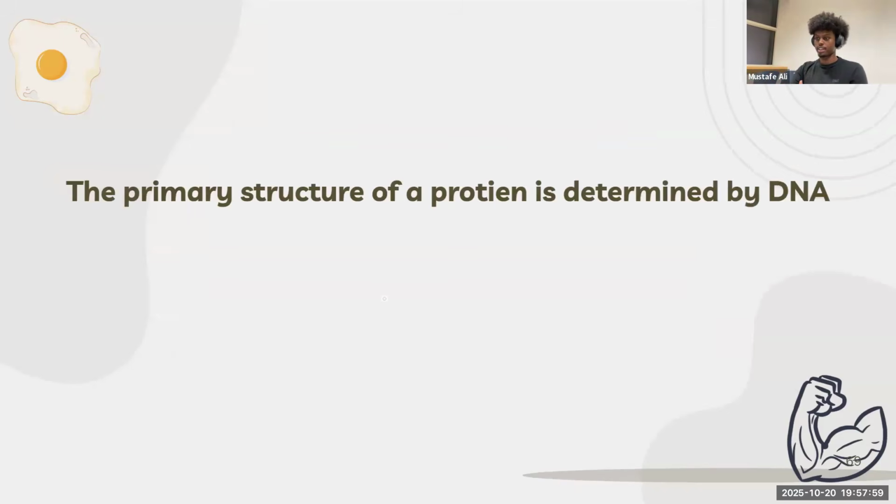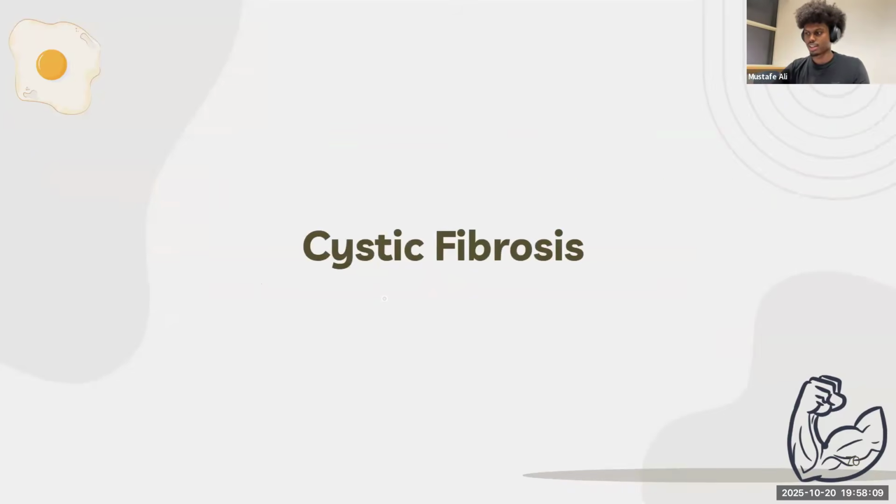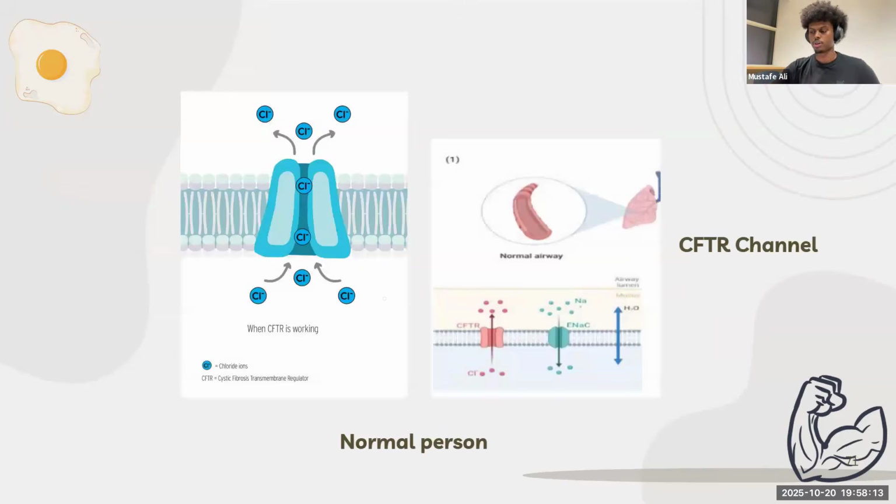Now, again, the primary structure of a protein is determined by DNA, the genetic material. But what if we have a mutation? What's going to happen? Let's find out. Now, let's get into cystic fibrosis and what happens there. So, in a normal person, we have a CFTR channel, okay? Now, this CFTR channel essentially just gets chloride out of the cell, okay?